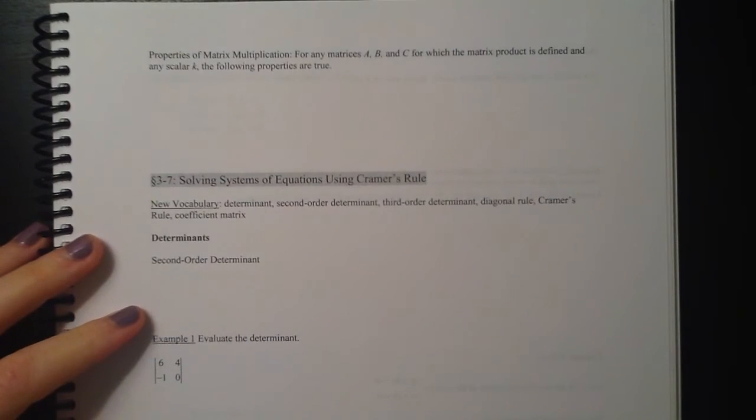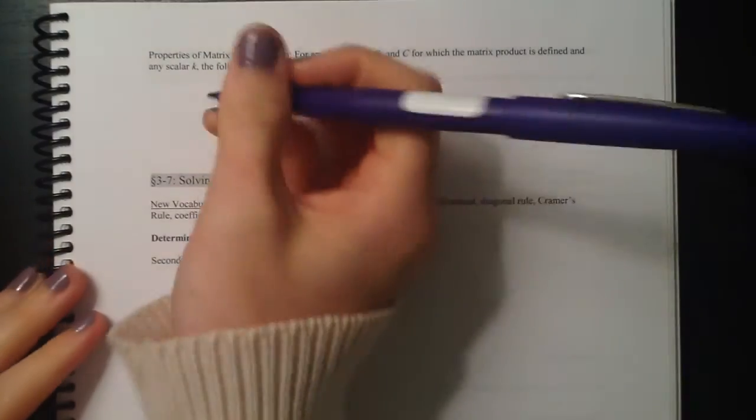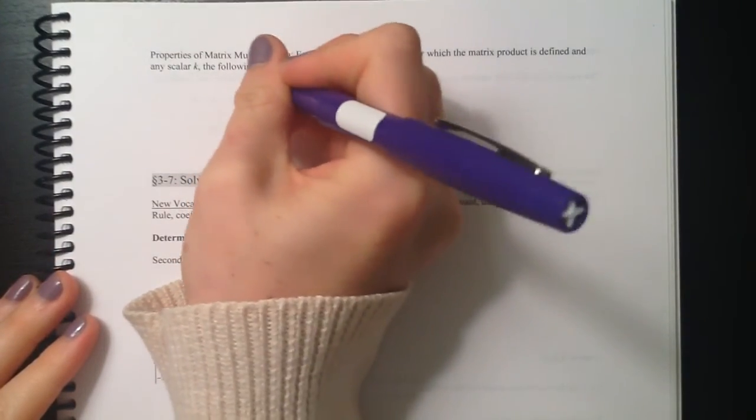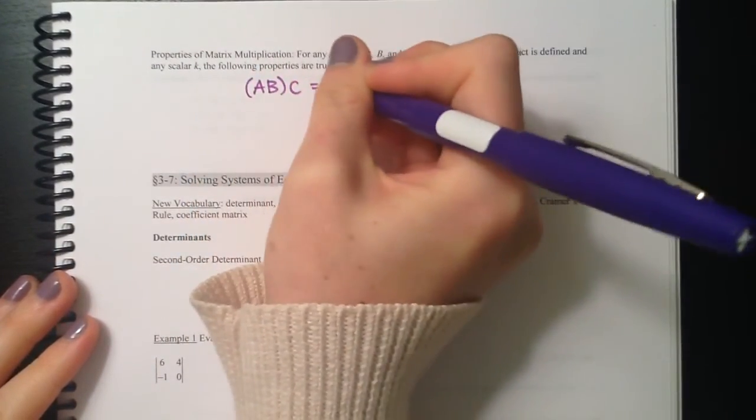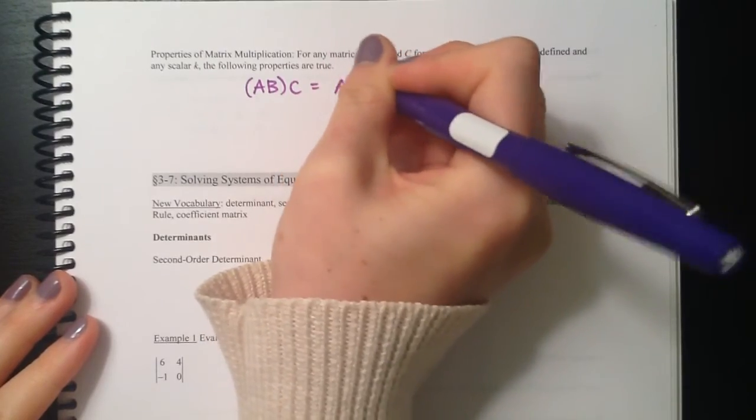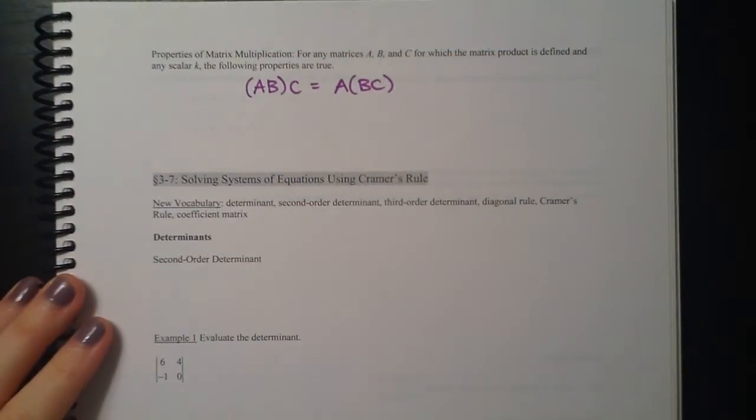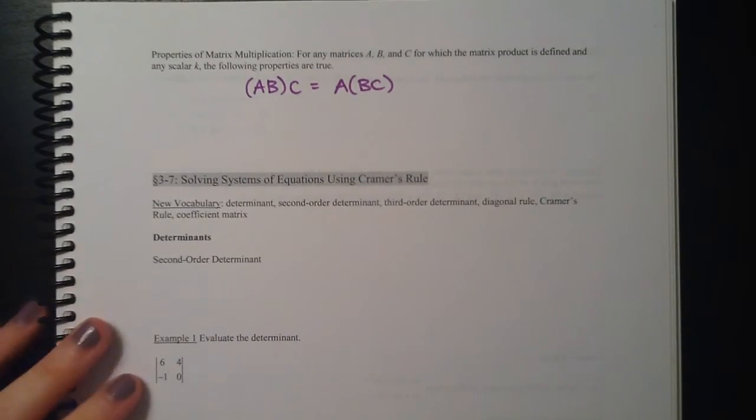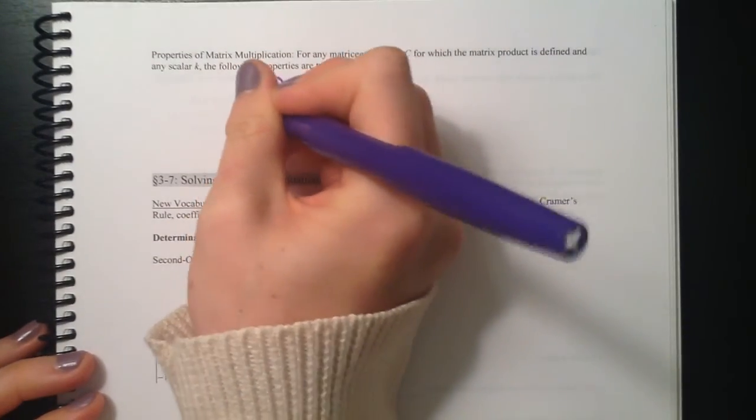We've got the associative property that also holds. So the associative property looks like this. So we did not prove that one, but you could if you want to. And then we have the left distributive property, which is what we just proved.